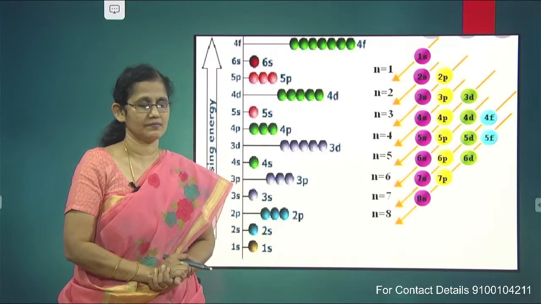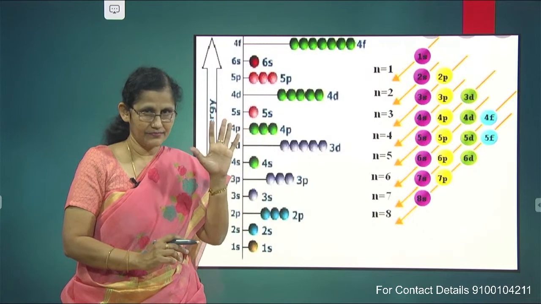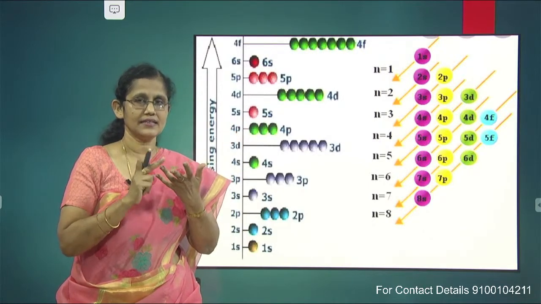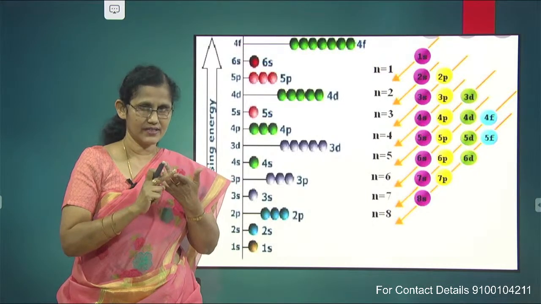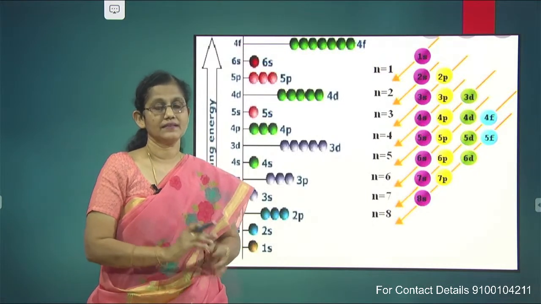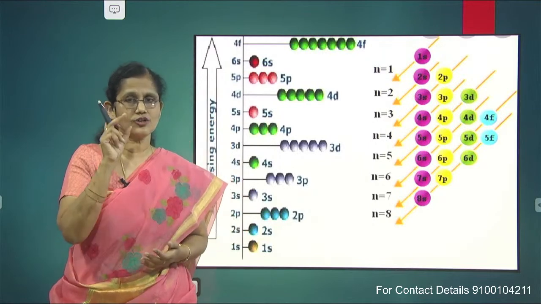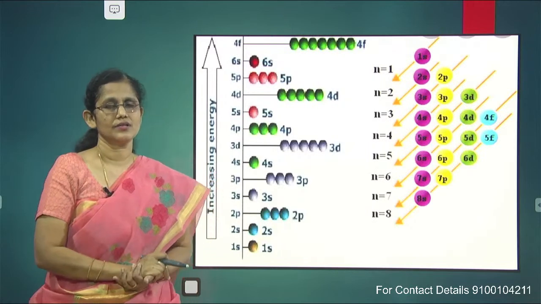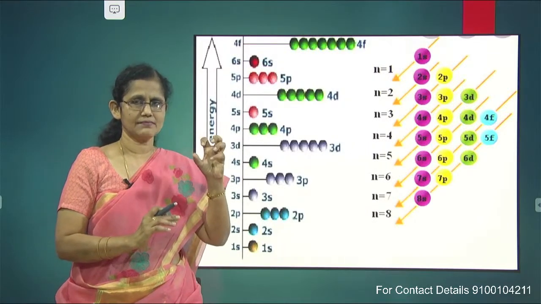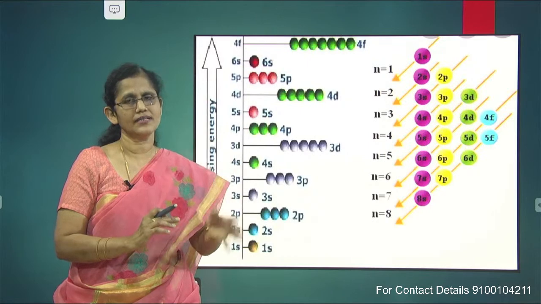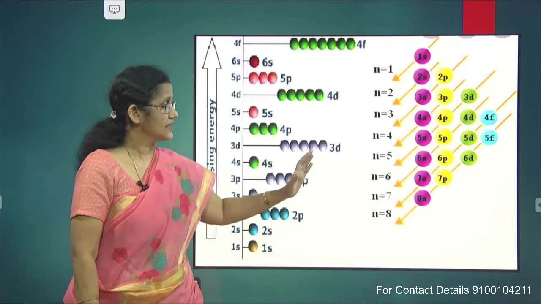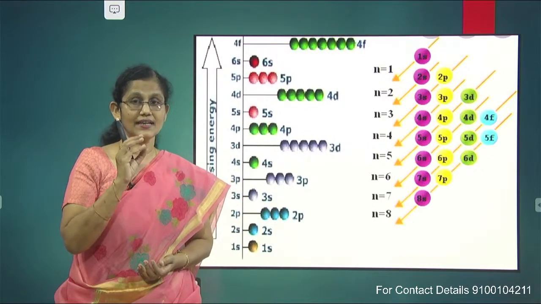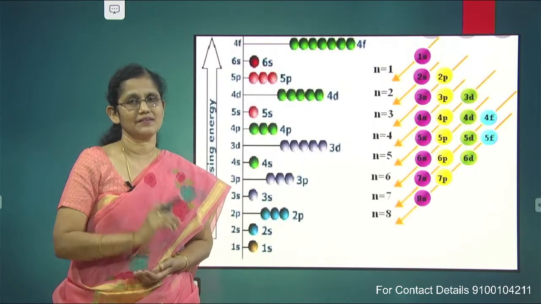The d sublevel has 5 d orbitals, dxy, dyz, dzx, dx²−y², dz², each holding a maximum of 2 electrons, so 10 electrons maximum in all d orbitals. Similarly, there are 7 f orbitals, with a total of 14 electrons maximum.